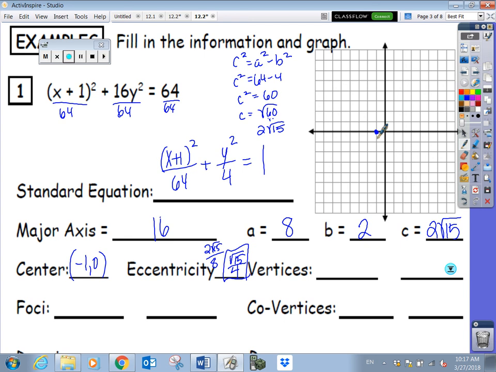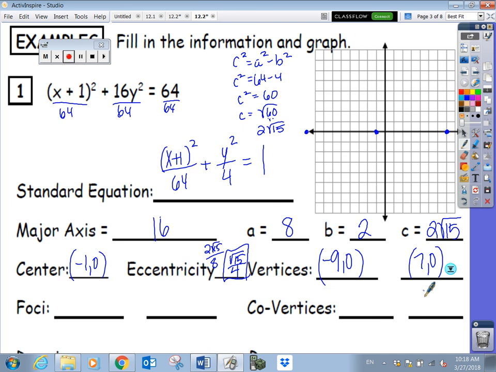So I'm going to move to the left and the right 8 units. So here it's just 1 off the graph. So there are my vertices. I'm going to go ahead and write those down. So 2, 4, 6, 8. So that's going to be negative 9, 0. And 7, 0.